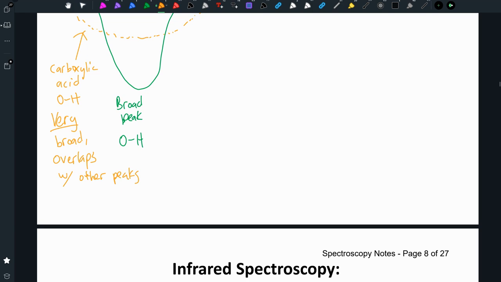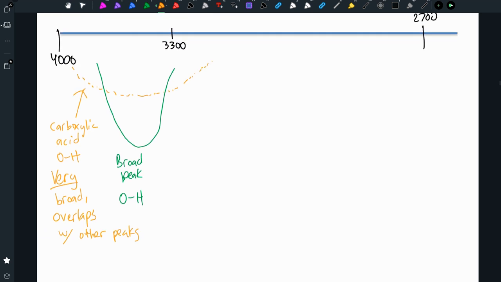But a big broad peak over there is usually a sign of an OH group.